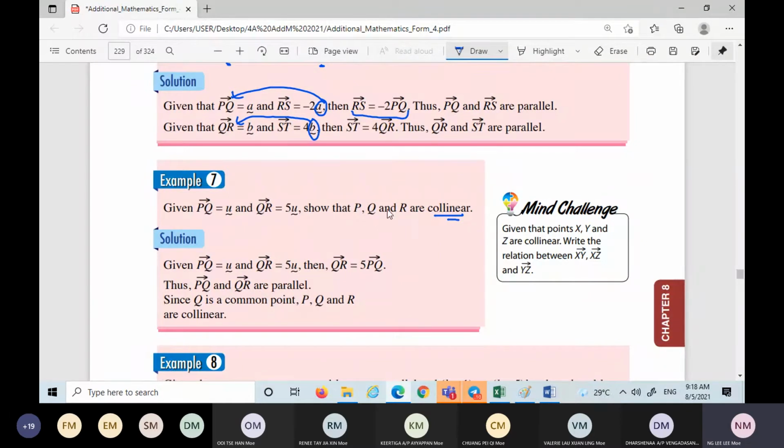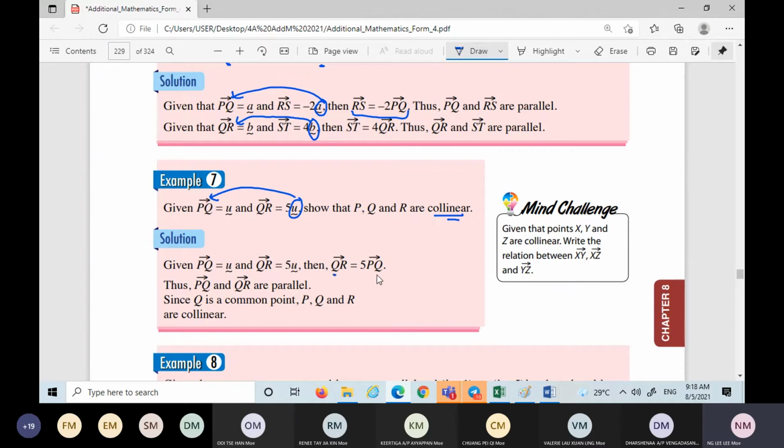Actually, it's quite simple. Same thing: replace the u here with PQ, so you write QR is equal to 5PQ. So you can say QR is parallel to PQ. Then do they have a common point?